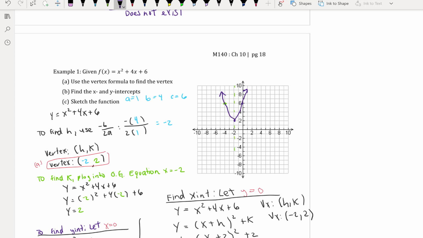So I have a pretty good idea of what my graph is going to look like. Okay? And again, the reason I knew to make that other point was because it was 2 over in this direction, and since the graph is symmetric along the vertex, I can go 2 over as well, and it's going to have the same height as that other point. Okay?